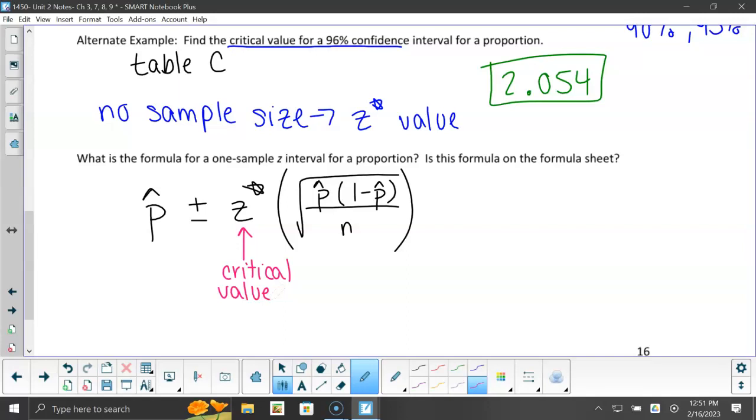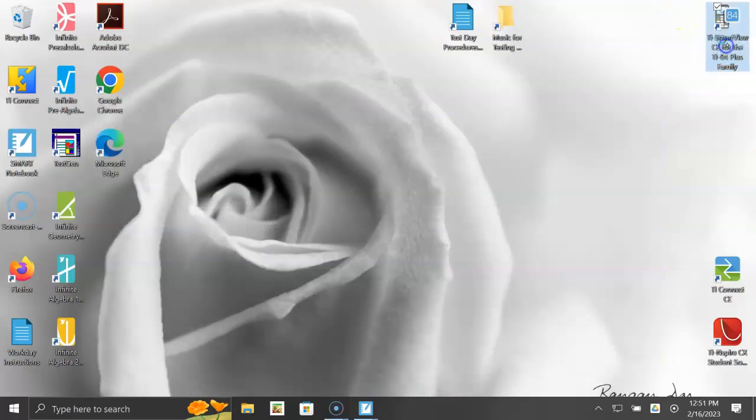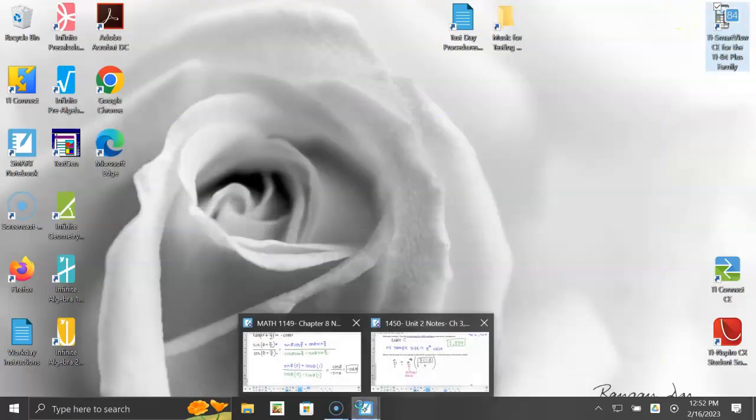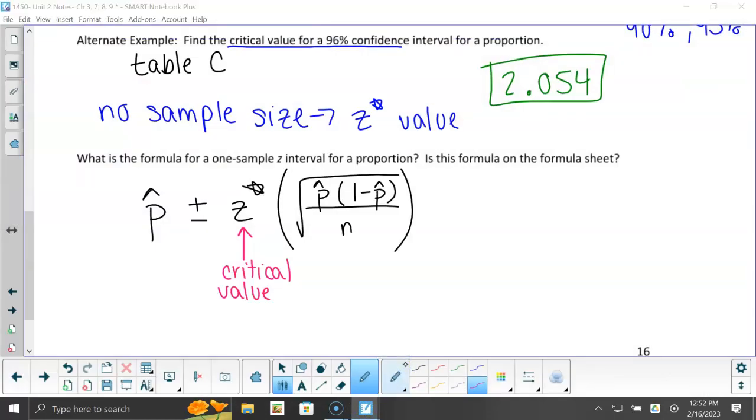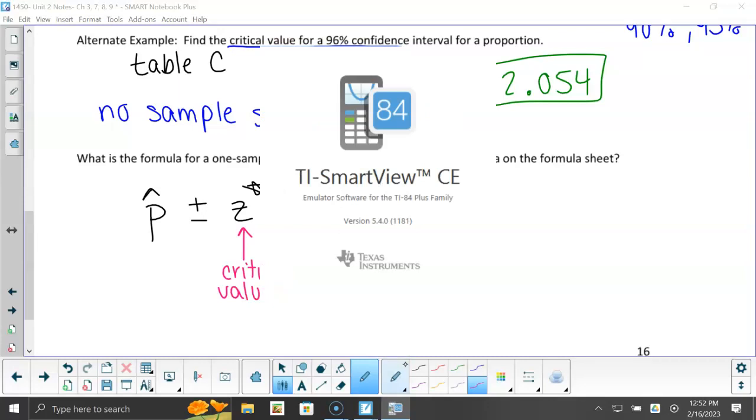I was trying to see if it was on here. No, apparently not. We'll find it eventually. Let me get the calculator up and running. It is on your formula sheet, but we don't use it a ton. I'm going to show you how to use the formula from the formula sheet, but I'm also going to show you how to do it in the calculator.